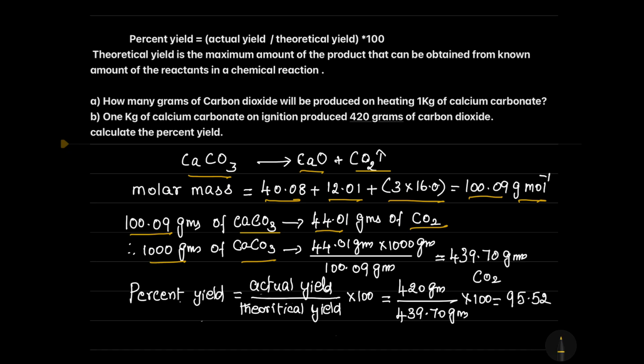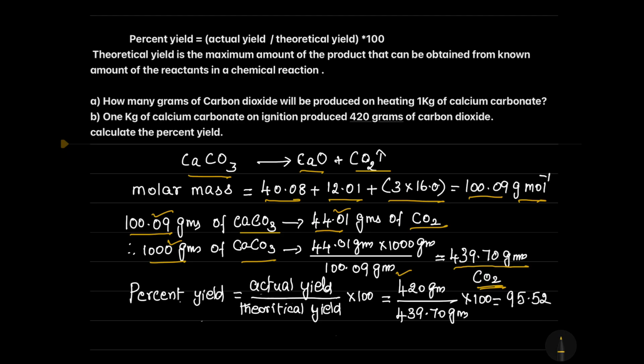On substitution, we get 44.01 grams into 1000 grams divided by 100.09 grams. It gives the answer 439.70 grams. So, the theoretical yield that should be obtained by heating 1000 grams of calcium carbonate is 439.70 grams of carbon dioxide.